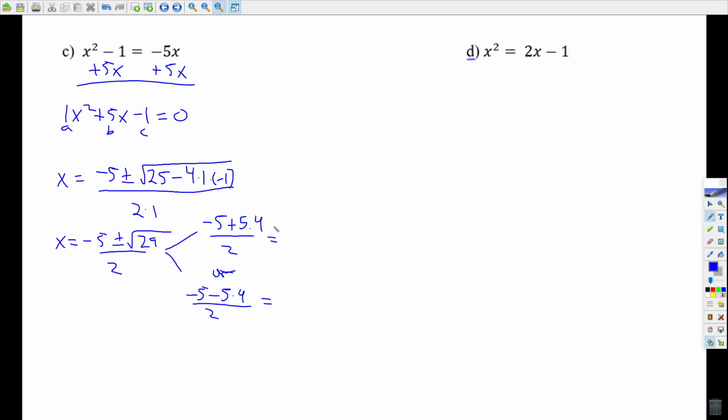So this would give us what? 0.4 over 2, which is 0.2. Or negative 10.4 over 2, which is negative 5.2. That looks like your two answers. It looks kind of ugly here, but sorry. There we go.